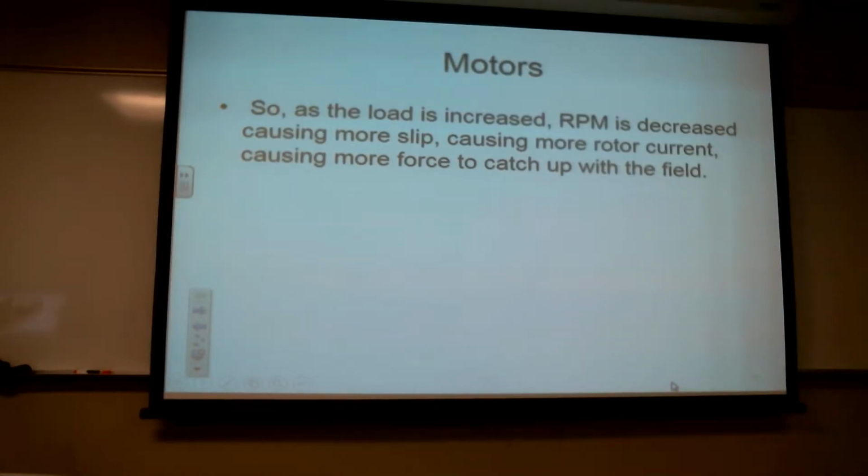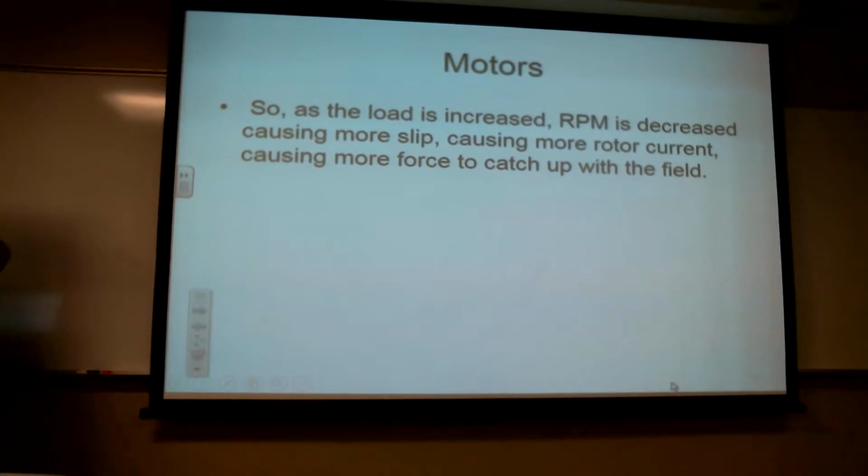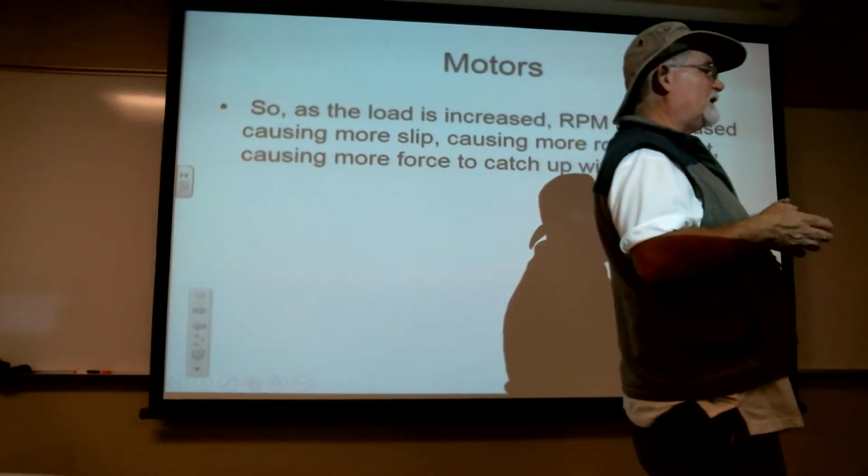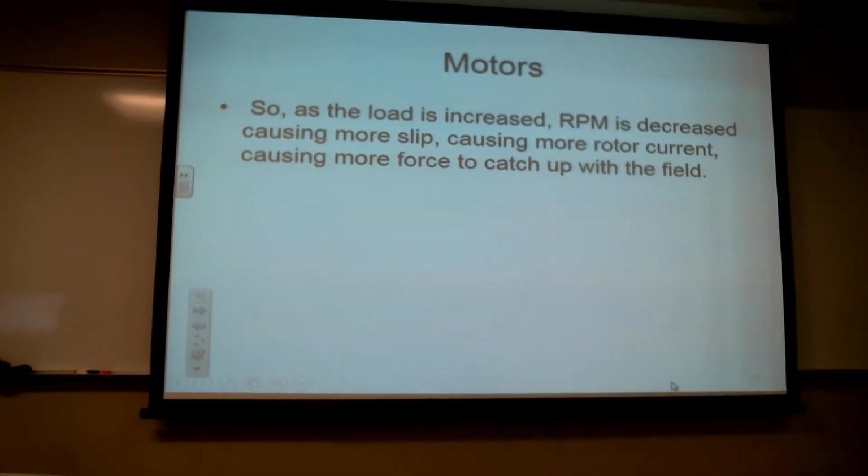So, if I increase load, obviously RPM is going to decrease. As RPM decreases, the rate of slipping increases, therefore the amount of cutting increases, therefore the amount of induced current in each one of these bars starts to increase.